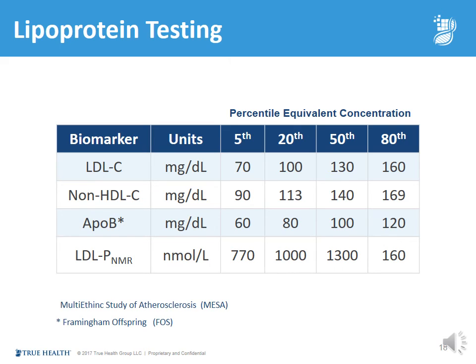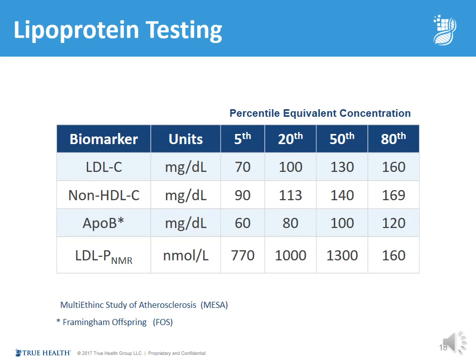Now, in any population, there's going to be a rather wide distribution of markers going from the lowest value that was seen to the highest value. Most of these turn out to be bell-shaped curves with many people in the middle. So if you are in the middle of that bell-shaped curve, that is the 50th percentile population cut point. That means 50% of the people have a lesser concentration, 50% have a higher concentration.